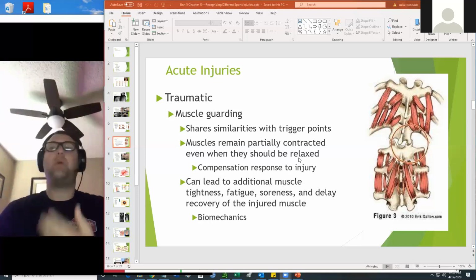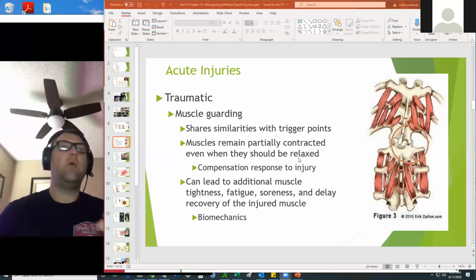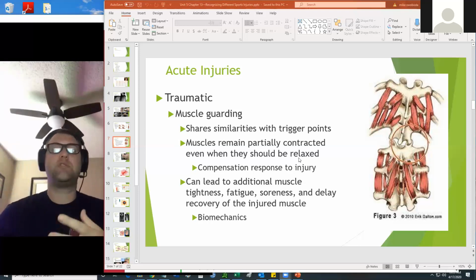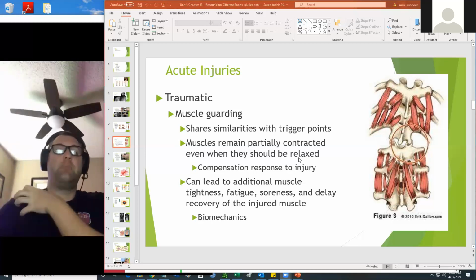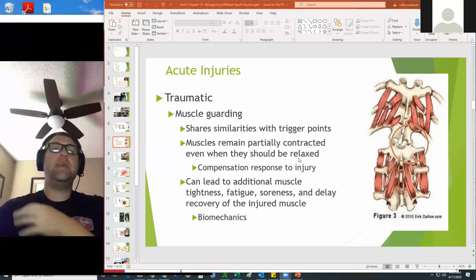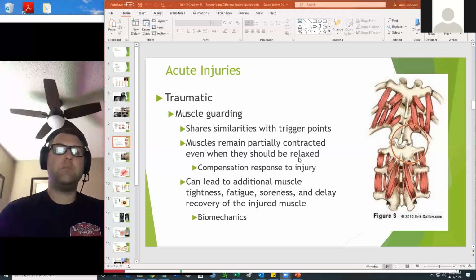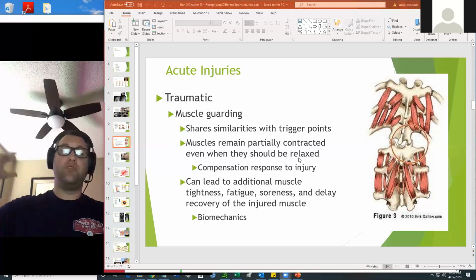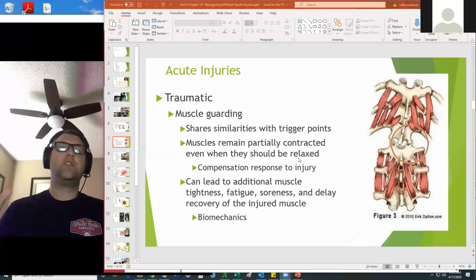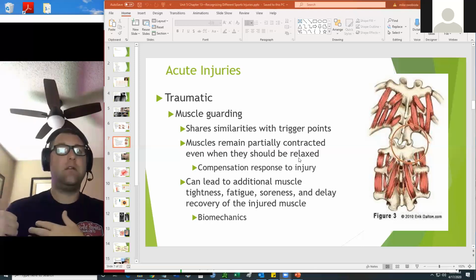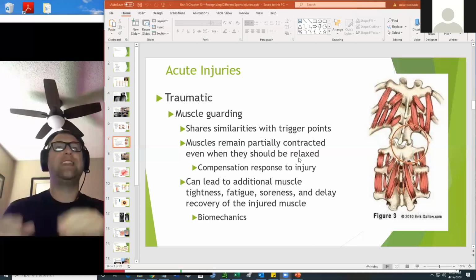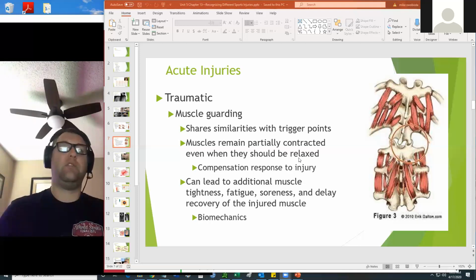Your body doesn't like being hurt. So when you have any sort of muscle guarding, your muscles pull back against it, which shortens your range of motion so that you don't have full force available. Your body's trying to make it so that you do that motion in a compensated way so that you have less pain, but you also have less ability and less functional movement.